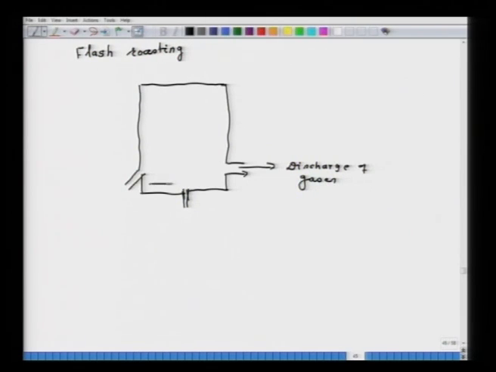And here this is a mechanism which rotates.